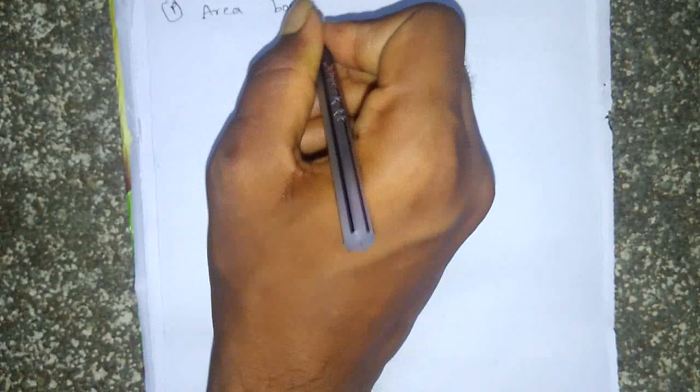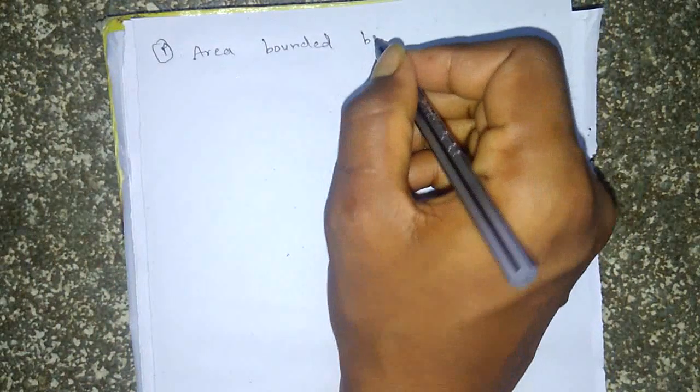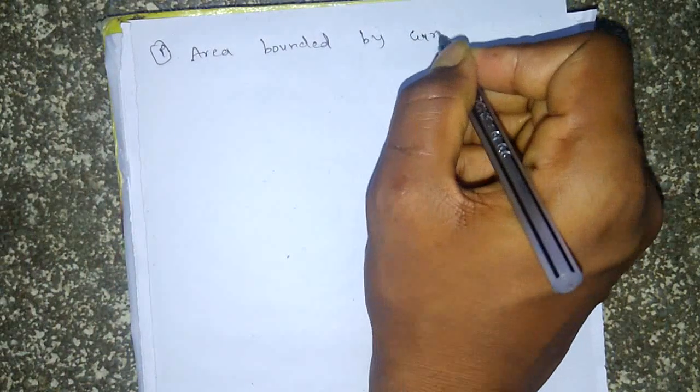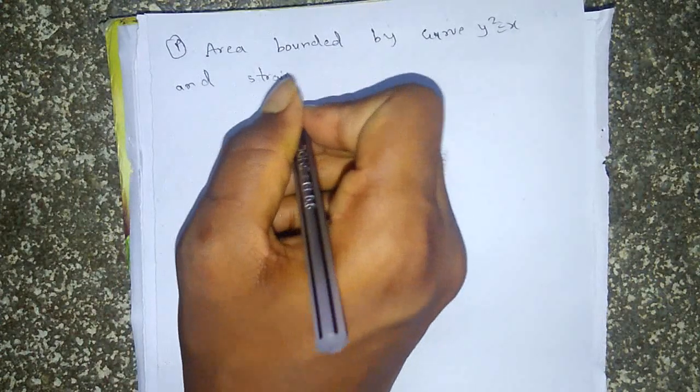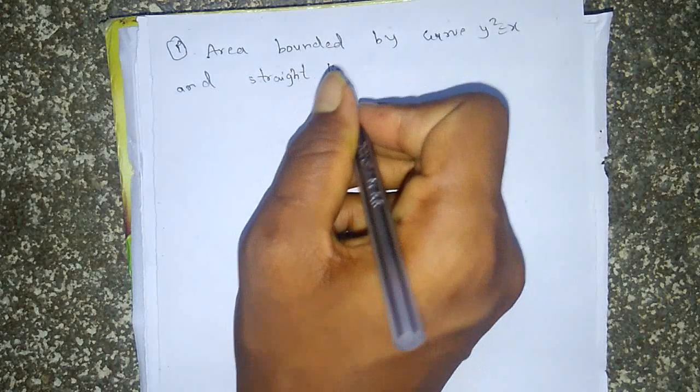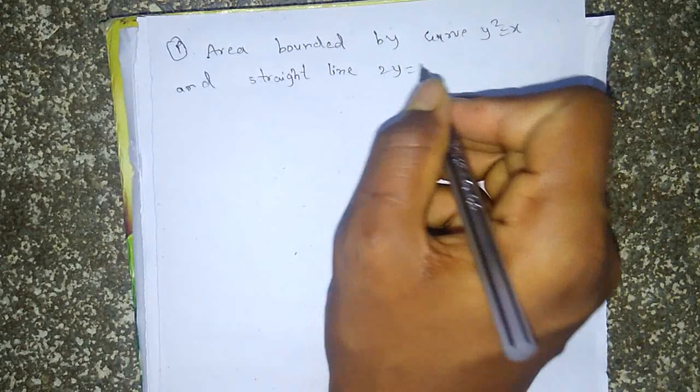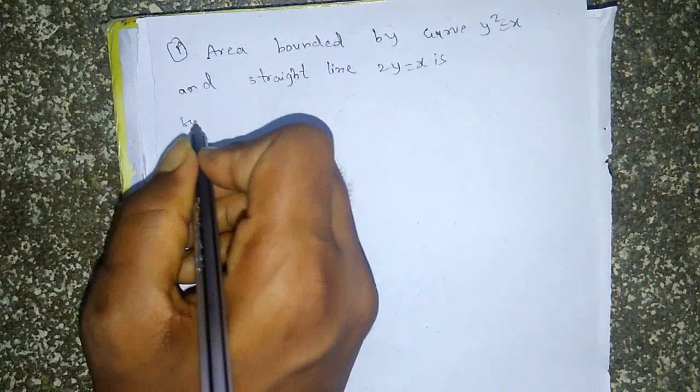The next problem is find the area bounded by the curve y square is equal to x and the straight line 2y is equal to x.